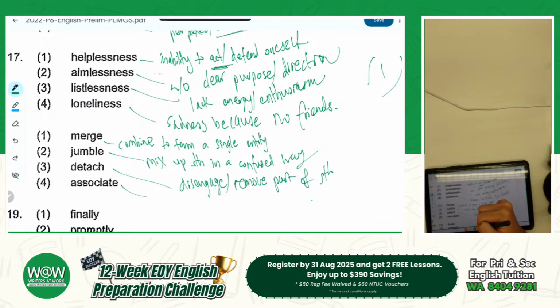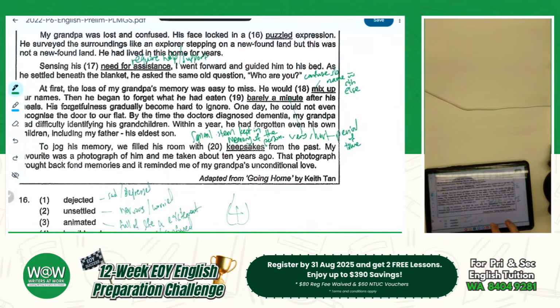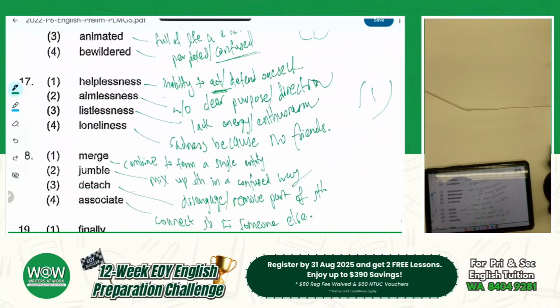And associate means you connect somebody with someone else in one's mind. So in this case here, when grandpa mixes up the name, it's likely that he jumbled up the name. That means he cannot remember the name correctly.